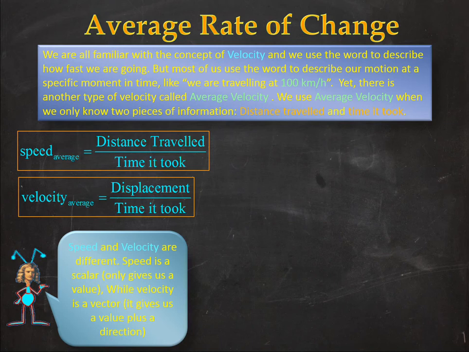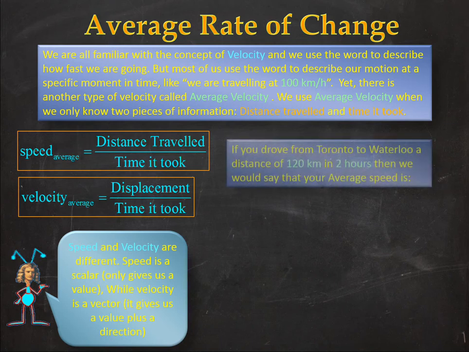Now in this little topic to introduce the average rate of change, I'm picking an example where the speed and the velocity are typically going to have the same value. So mathematically the average speed is distance traveled over the time it took, while average velocity is the displacement over the time it took. And like I said, in this example, the distance traveled and the displacement will be the same value.